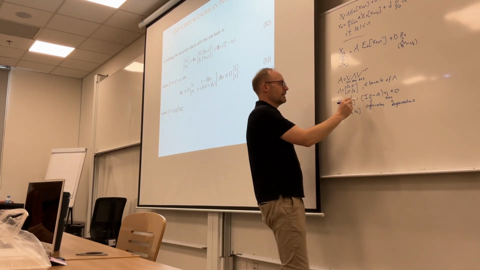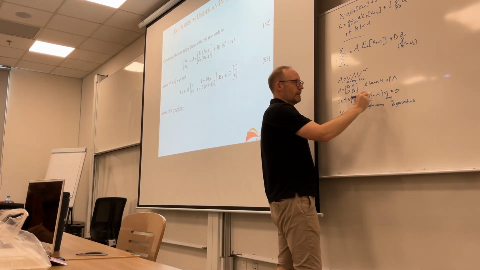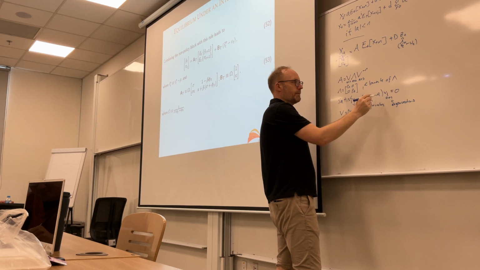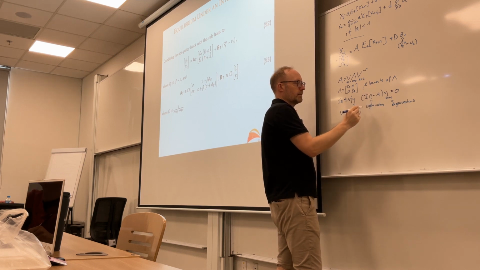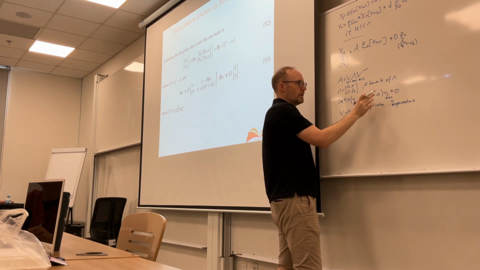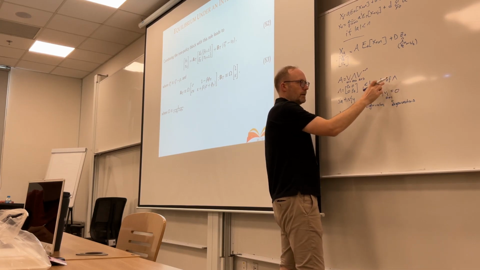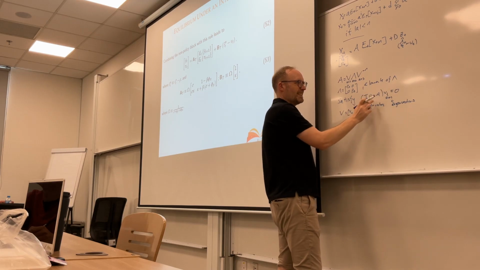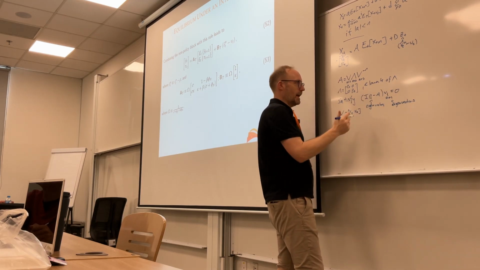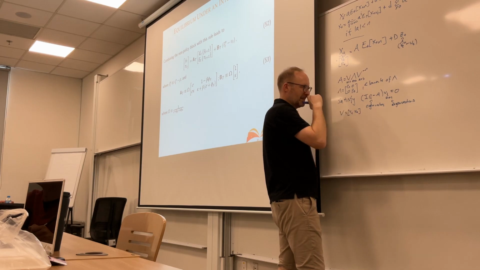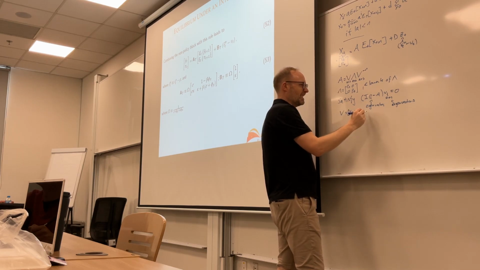Okay, so we can calculate these. We need to find non-trivial values that satisfy this, or non-trivial vectors. So if this times this is equal to 0, and this is a non-trivial vector, then this has to be equal to 0 in some sense. We have this 2 by 2, so we need the determinant.